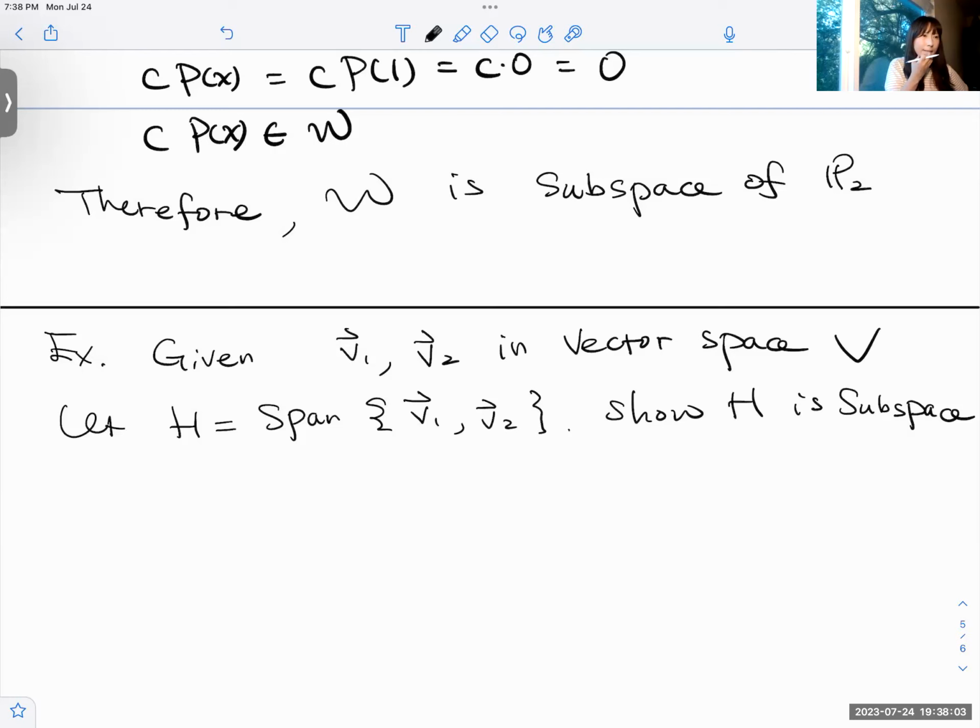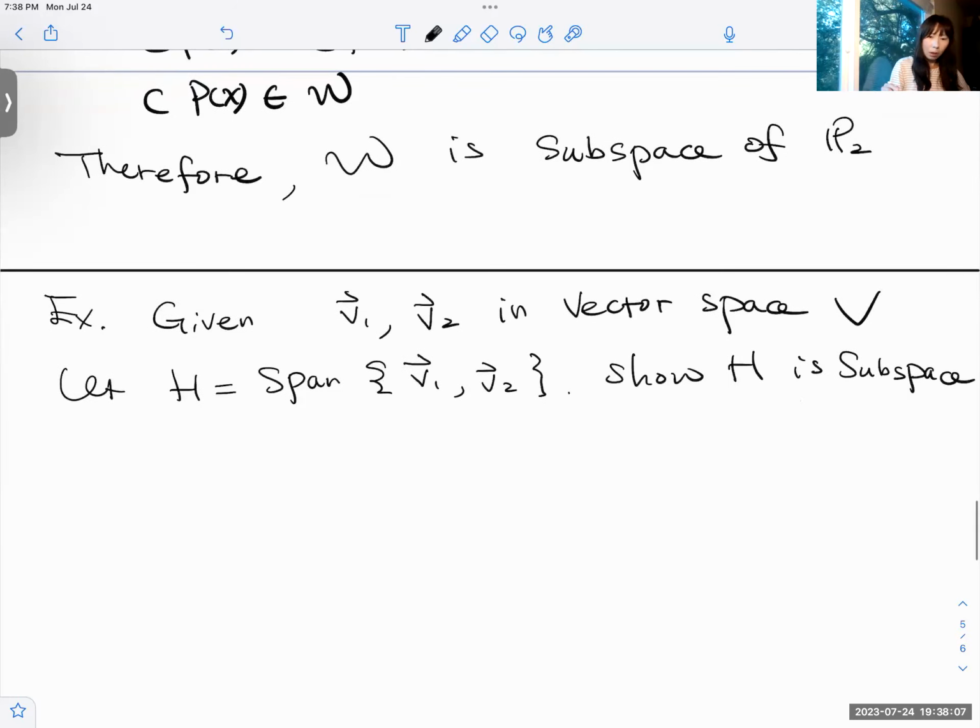Okay. The first one, the 0 vector. What is the span? How do we express the span of vectors V1, V2?